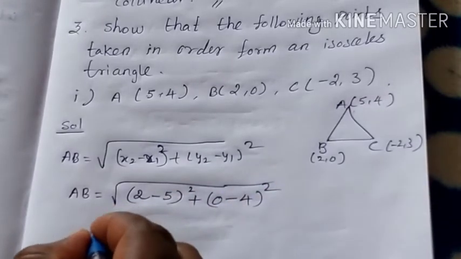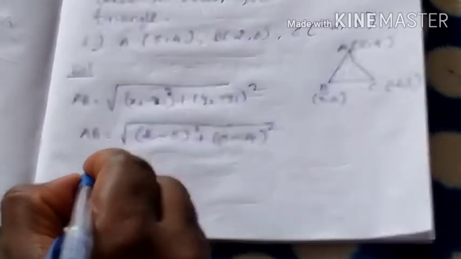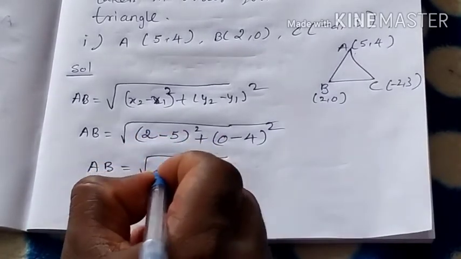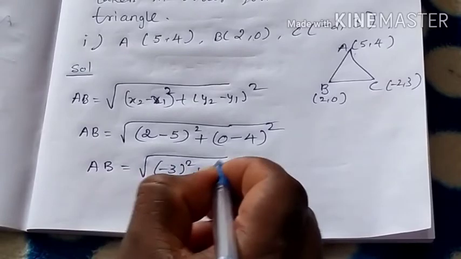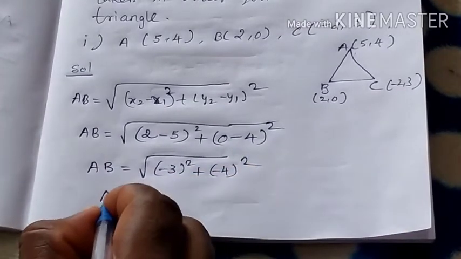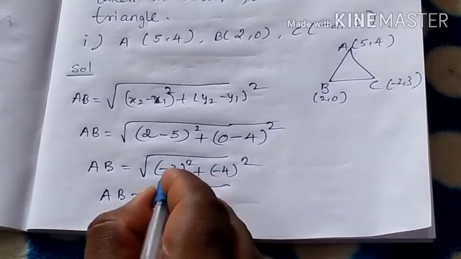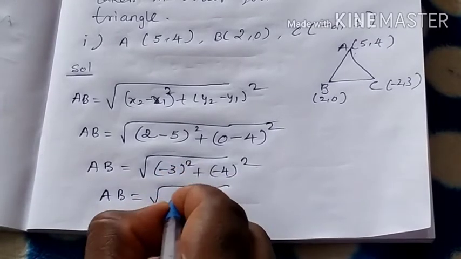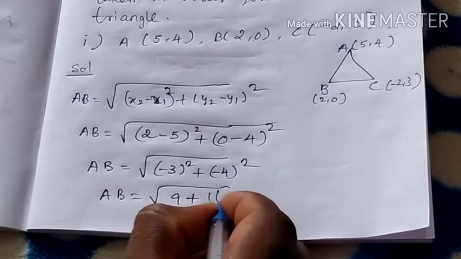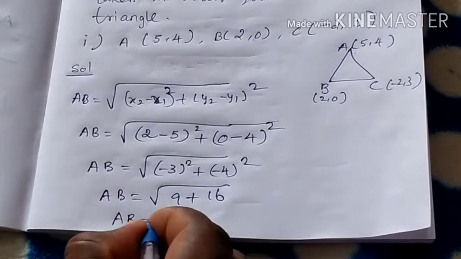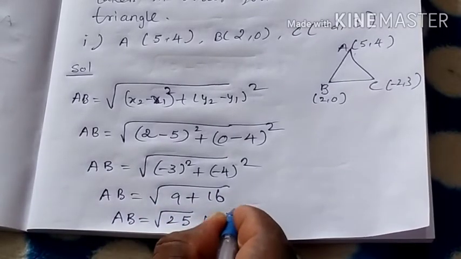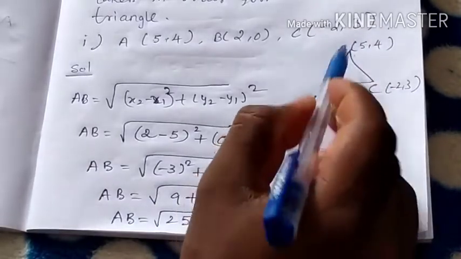Then AB is equal to the square root of 2 minus 5 is minus 3 the whole square plus 0 minus 4 is minus 4 the whole square. AB is equal to the square root of, minus power even number is plus, so 3 square is 9 plus, in the same manner, 4 square is 16. Therefore AB is equal to square root of 9 plus 16, which is 25 units. The side of AB is root 25 units.